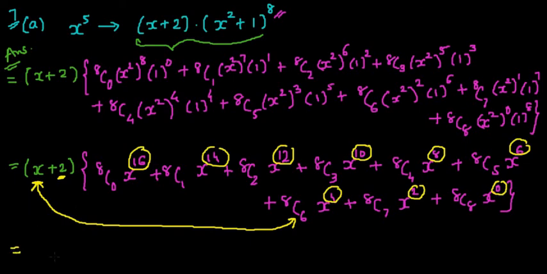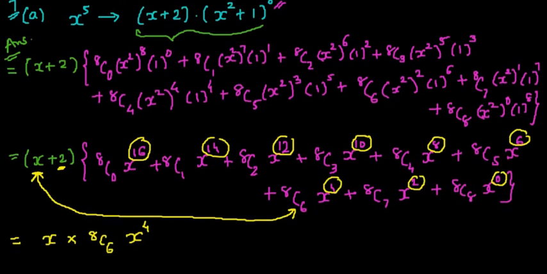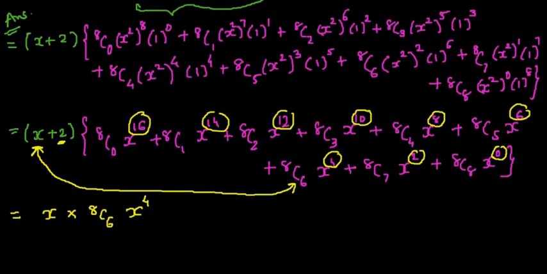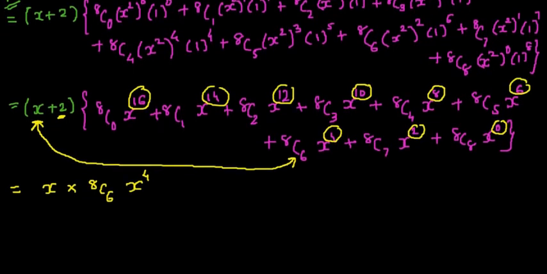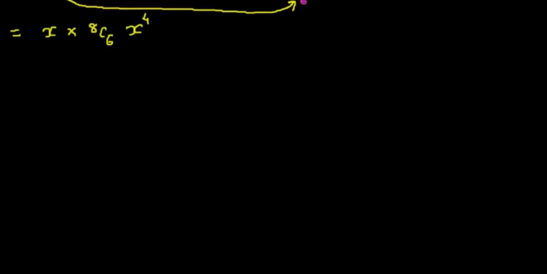So when x of the first bracket is multiplied to the term having x raised to 4 of the second bracket, that is 8c6 into x raised to 4, we are going to get the coefficient of x raised to 5.